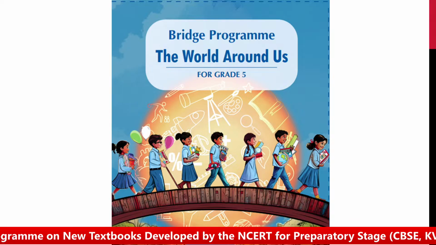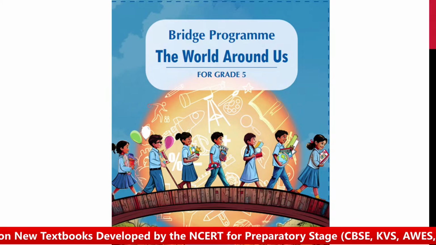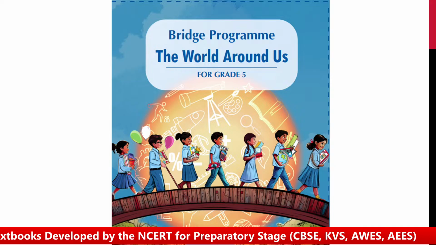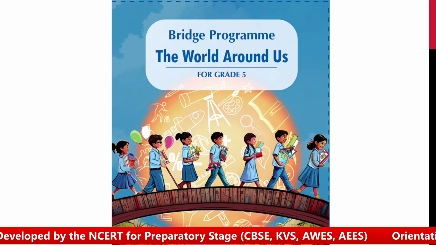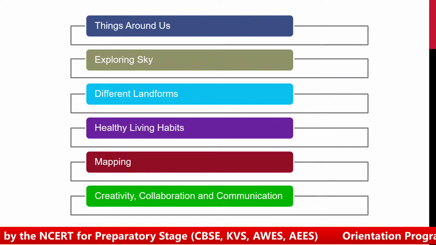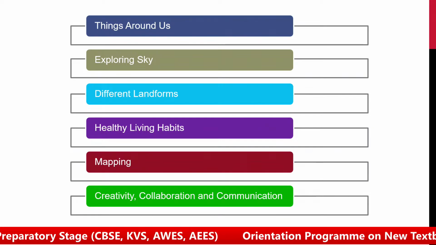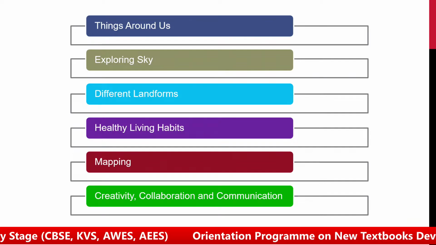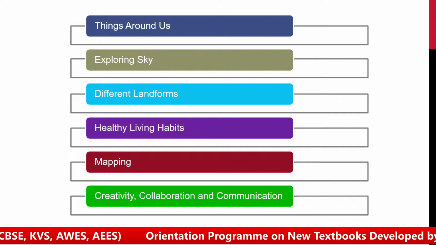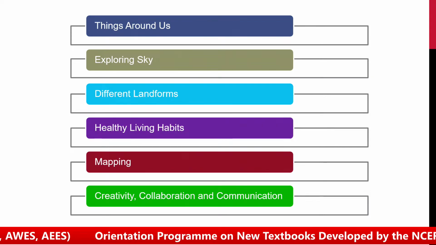We thought of having 6 different themes or projects. In 1 week they have one specific theme, and they will be doing the activities under each theme. These are the themes that we identified, which we thought we need to re-emphasize before starting the grade 5 classes. So for the next 6 weeks they are going to do this.